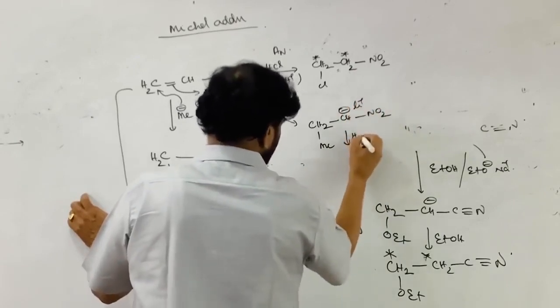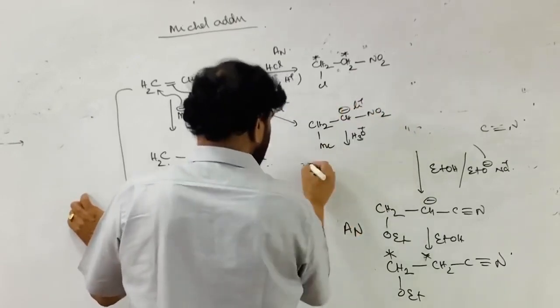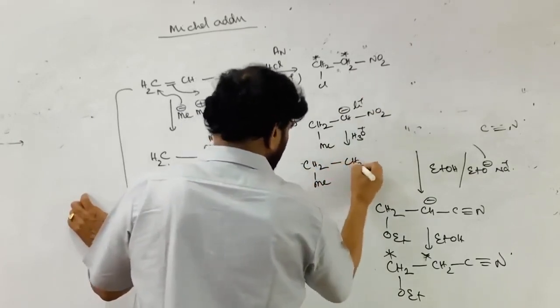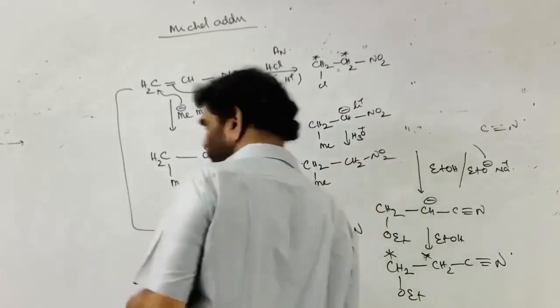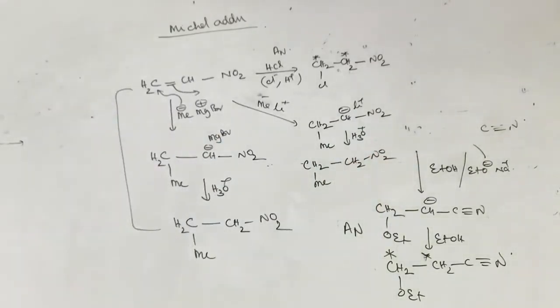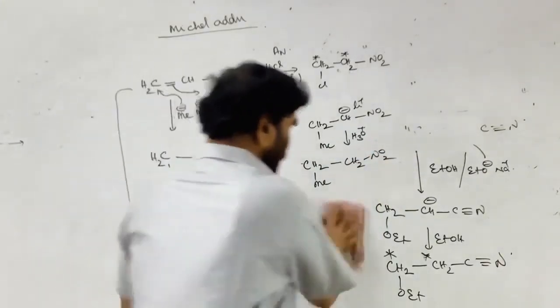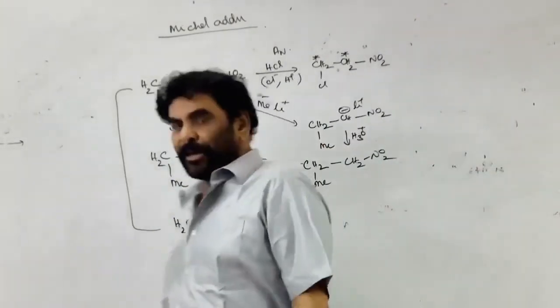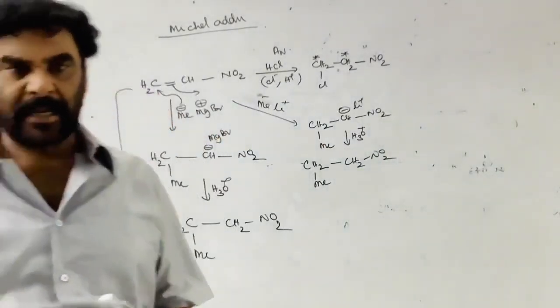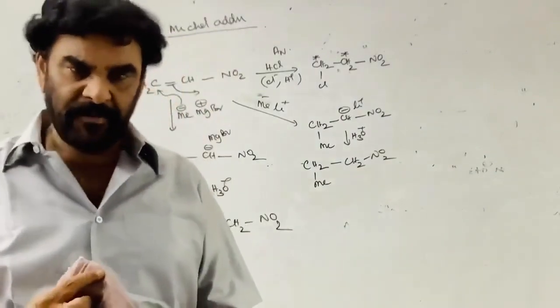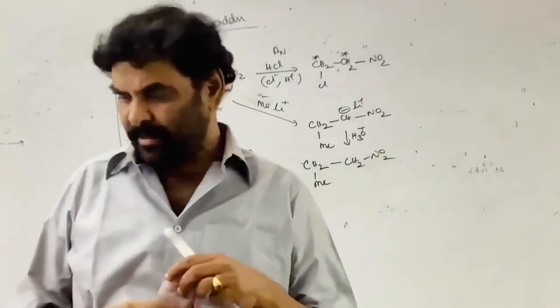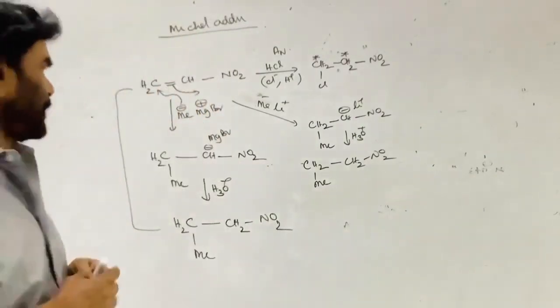On acid workup, H plus ion is supplied to this system, giving MeCH2CH2NO2. This is Michael addition. Where the attacking nucleophile is the carbanion, it is called the Michael addition reaction.